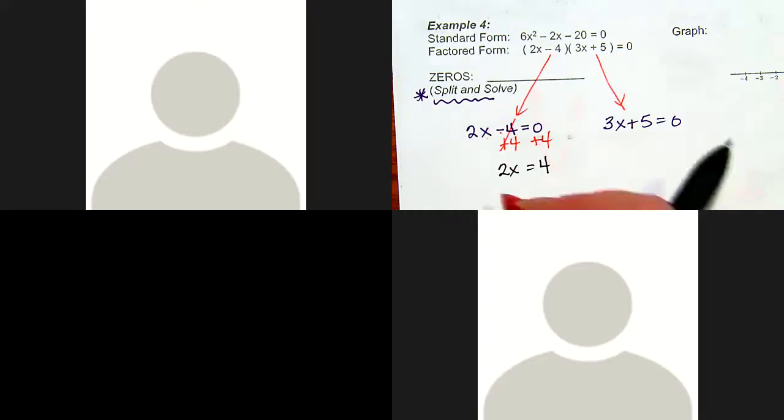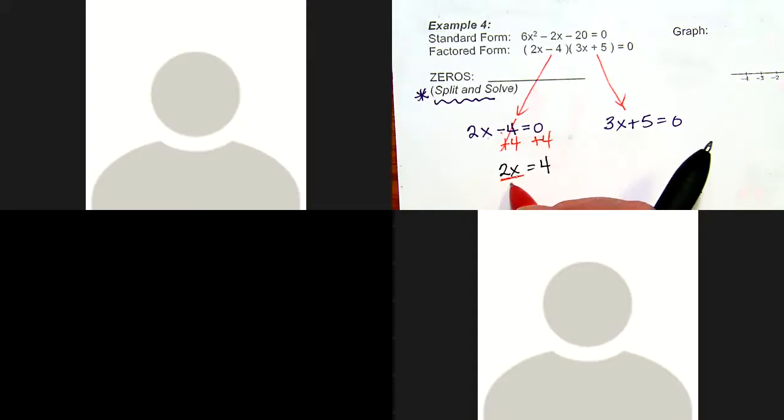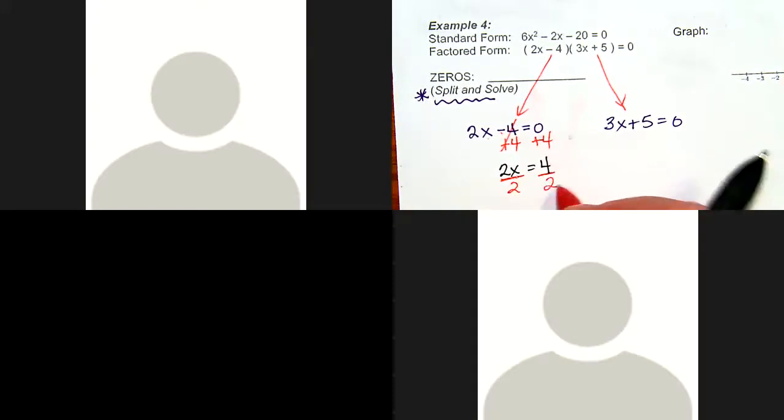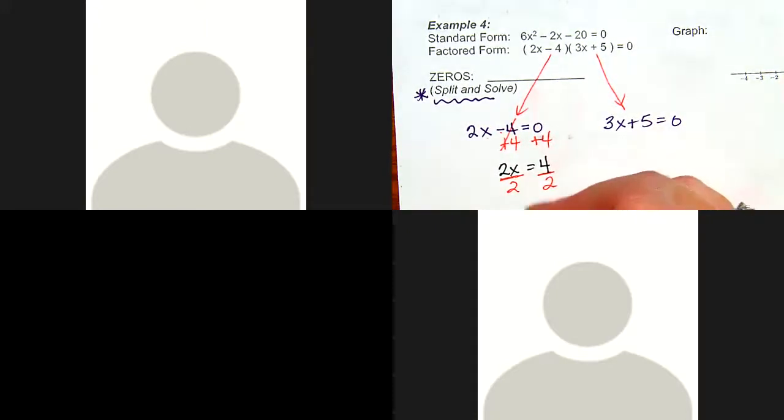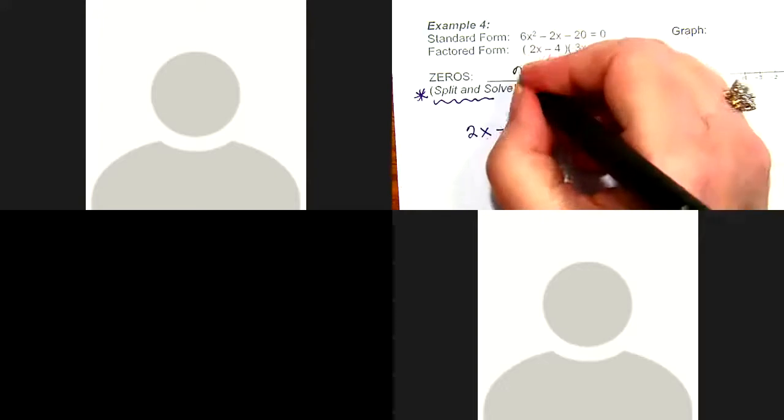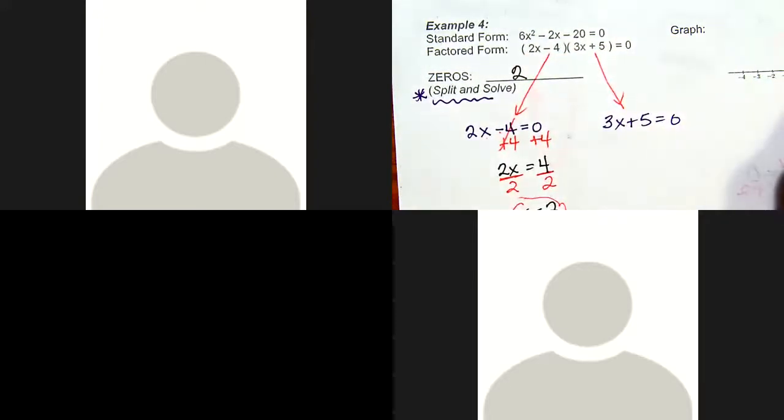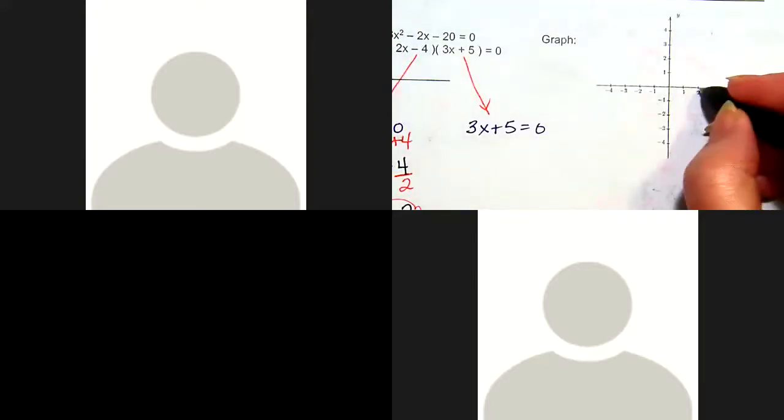And then that'd be the same thing, divided by 2. Now we're going to divide by 2. So I found the first one. So there's one of the solutions. And I'm going to go ahead and put that one on the graph at 2.